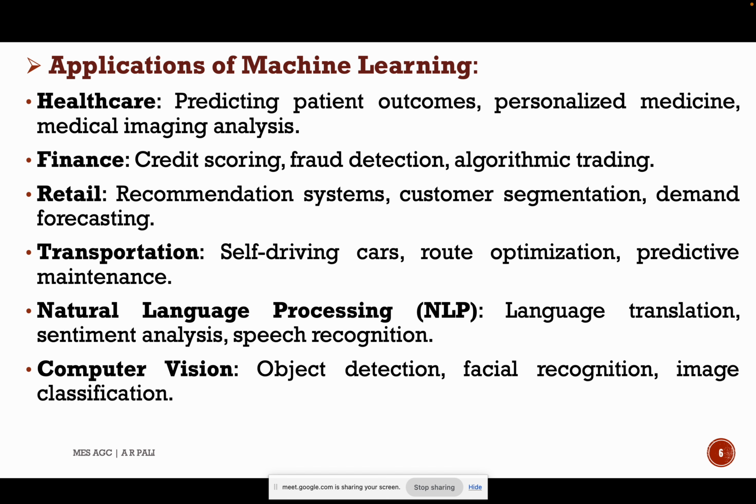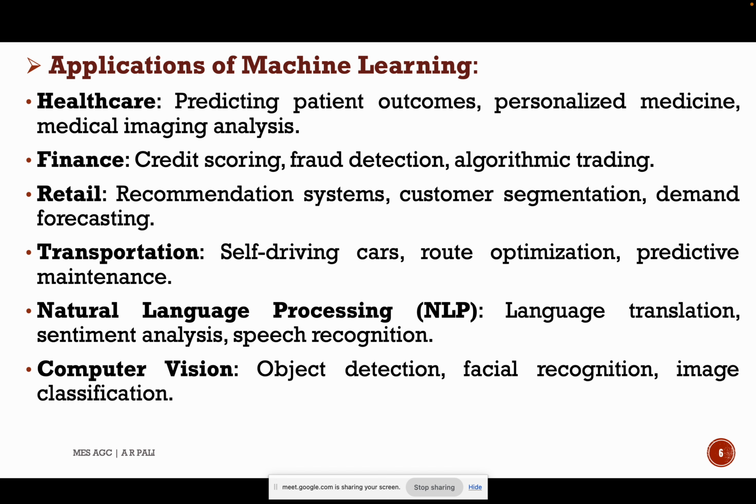Next is transportation, self-driving cars, route optimization, predictive maintenance, natural language processing NLP, which is language translation, sentiment analysis, speech recognition, and last is computer vision, object detection, facial recognition, image classification.